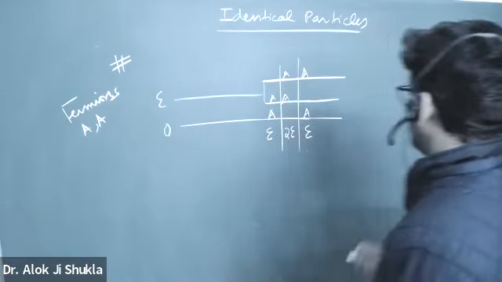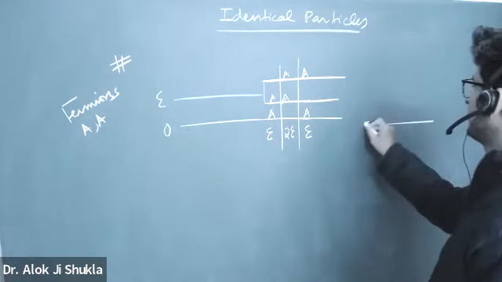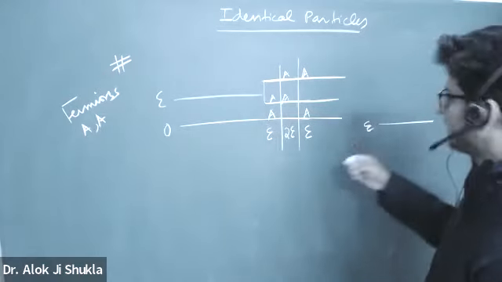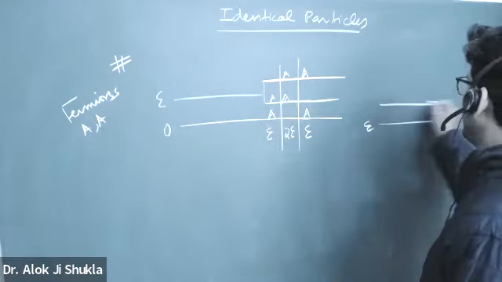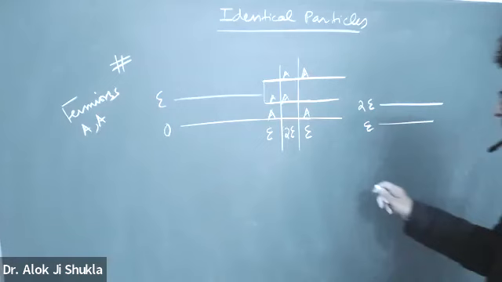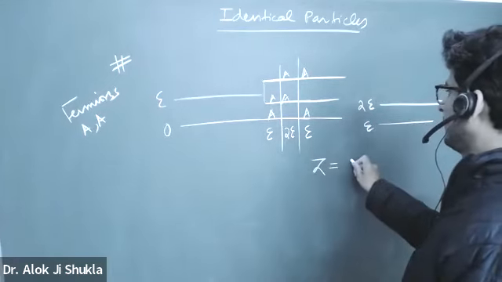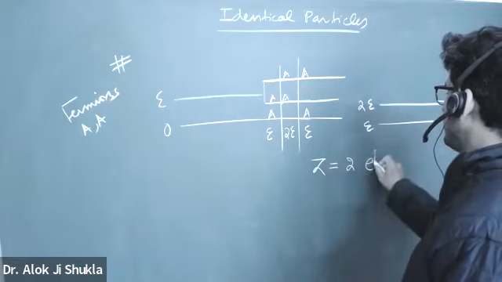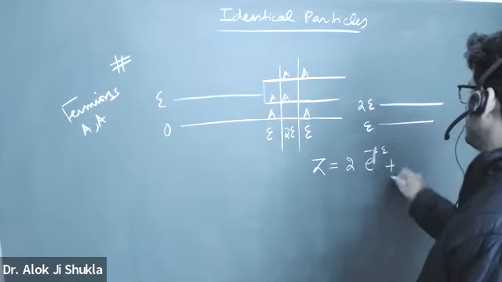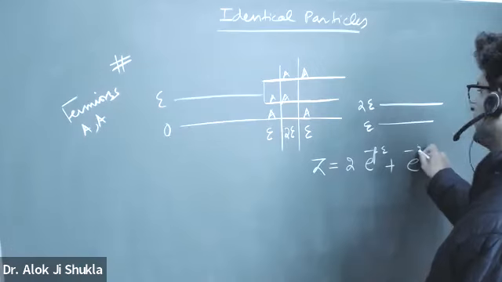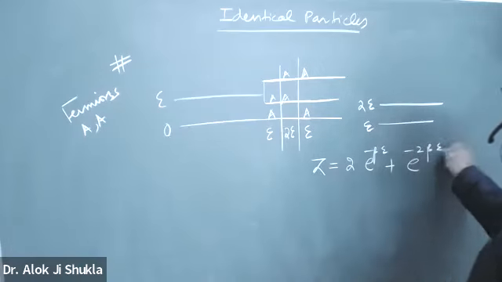E. So now you have energy levels; because of the two particles, the energy levels formed are E and 2E. Am I right? So if you write the partition function, it will become 2 times e to the power minus beta E plus e to the power minus 2 beta E. Am I right?